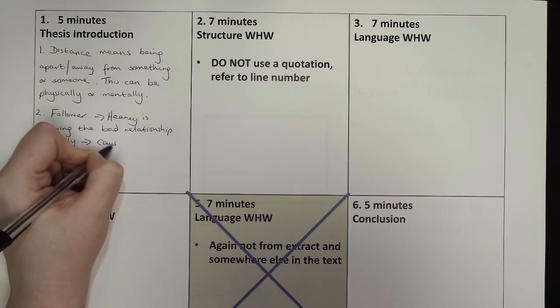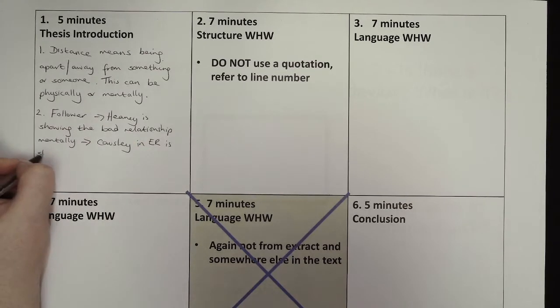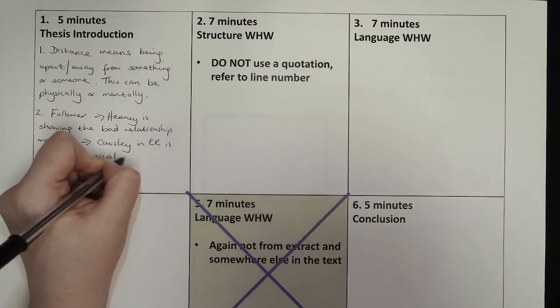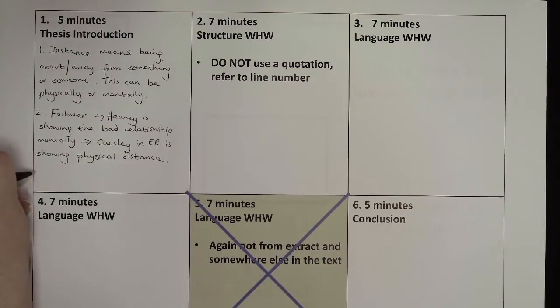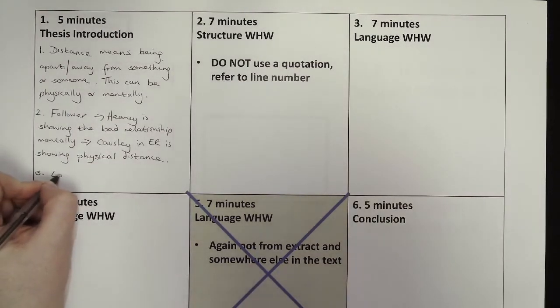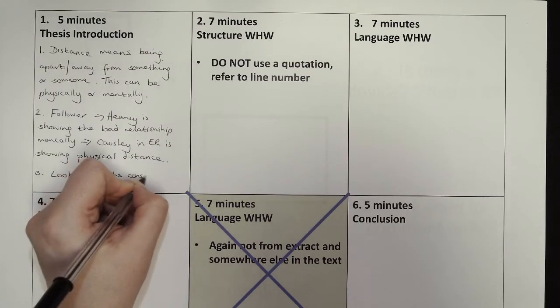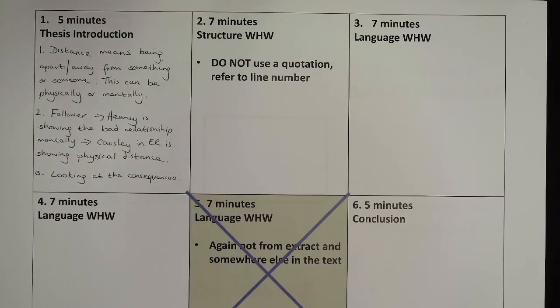Causley in Eden Rock is showing physical distance. And then the third sentence is what is trying to be shown in both poems. Well, I think it's looking at the consequences of this physical and mental difference. So if you just pause this recording now, you can do your planning for your thesis introduction.